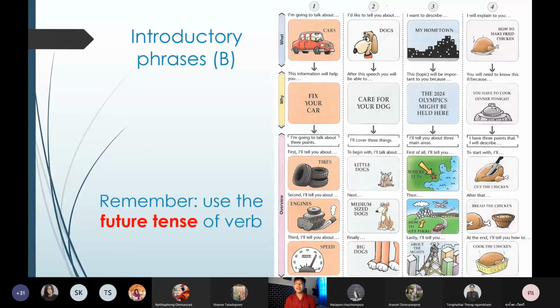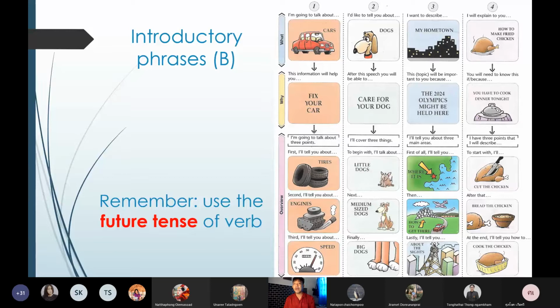Another one is number three: I want to describe my hometown. So if your topic is all about your hometown, I want to describe my hometown. Or number four, if you want to explain a process or a procedure, column number four: I will explain to you. So it uses will.